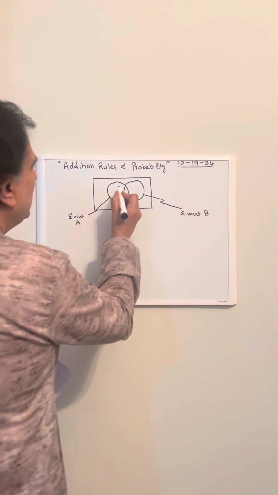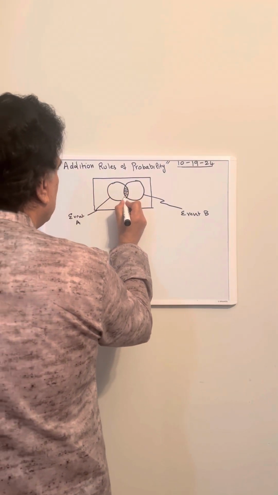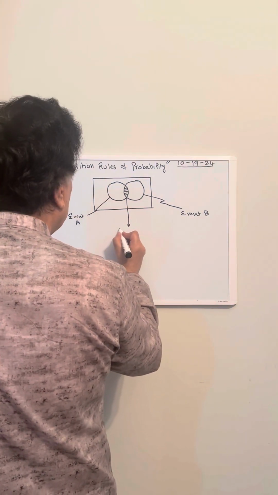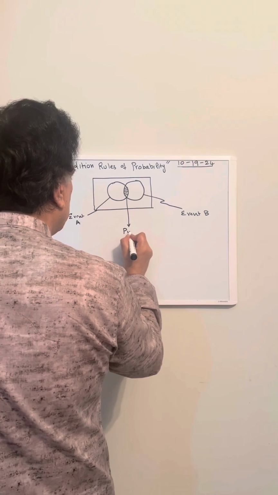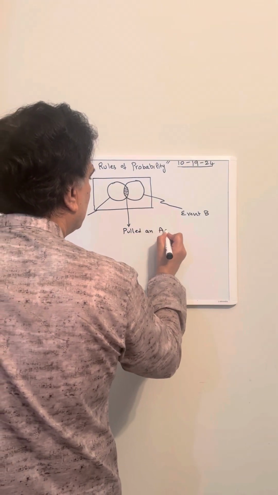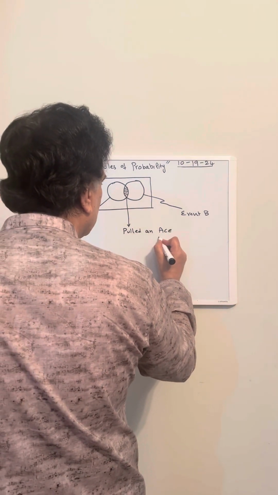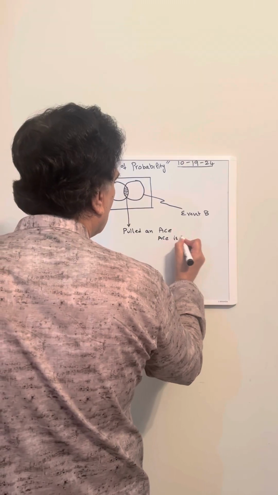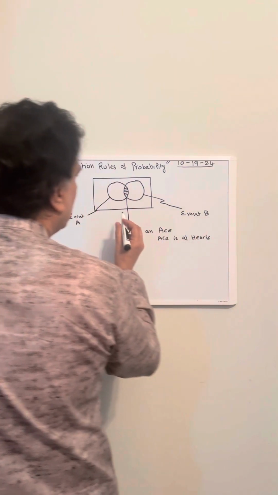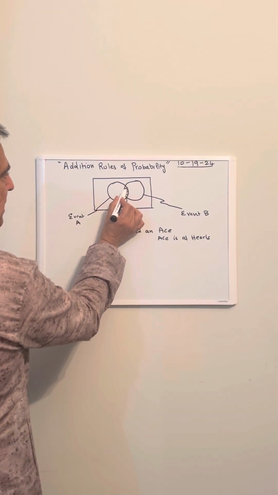Yes. So then this overlap right here is where I can say I have pulled an ace from the deck of cards, and that ace is of hearts. So if I do that, I have met this overlap right here, this intersection.